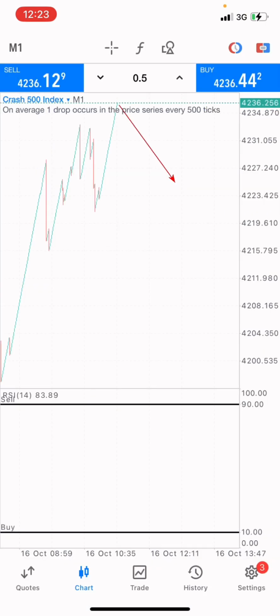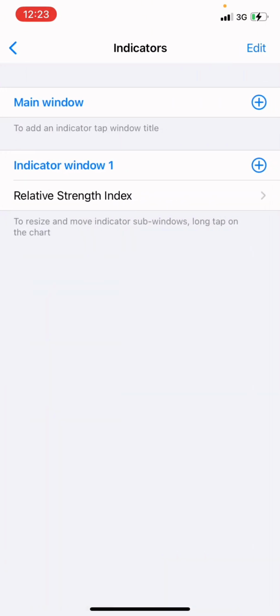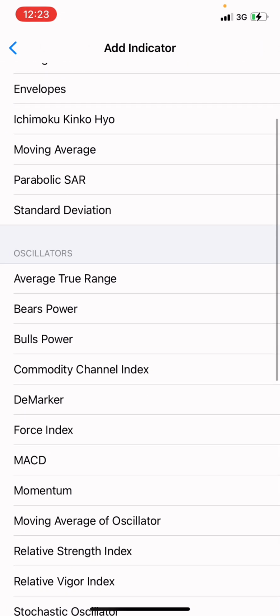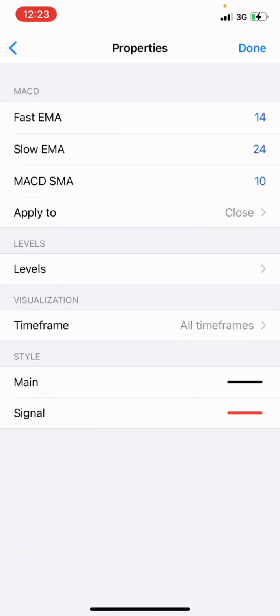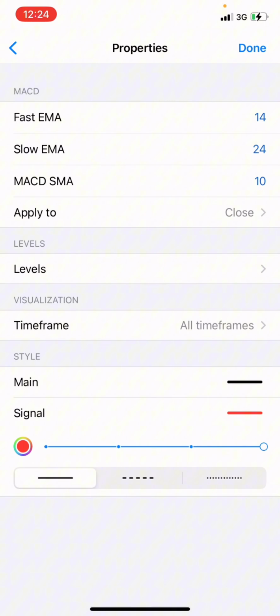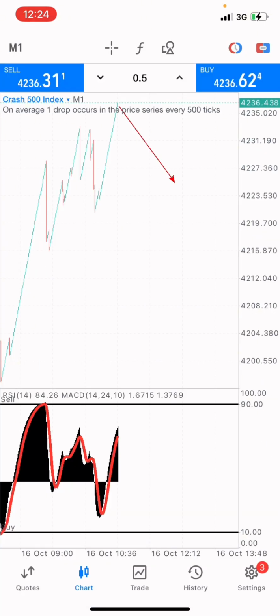All right, then I'll put on the MACD indicator just to show you guys how perfect what I'm talking about is. So I'll put on the MACD, fast EMA 14, slow EMA 24, MACD SMA on the level of 10, apply to close. The main on color black on 4 pixels, the signal color red on 4 pixels. Then you click on done.